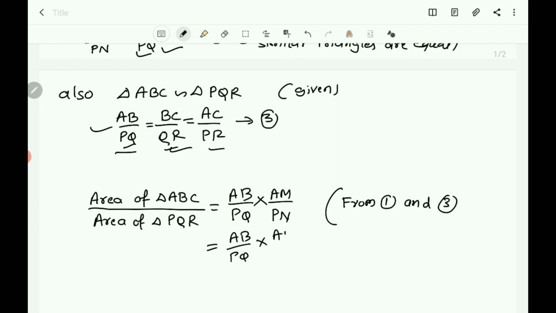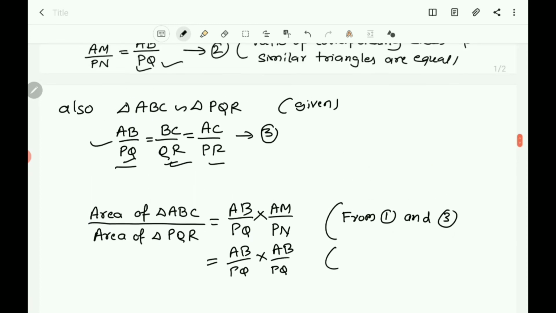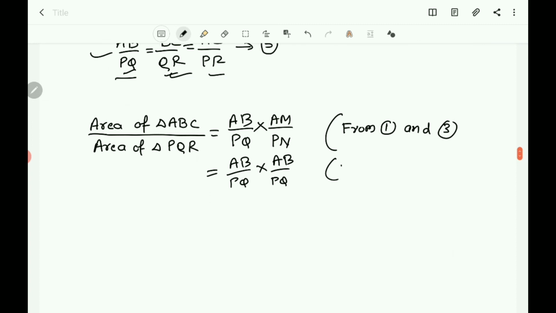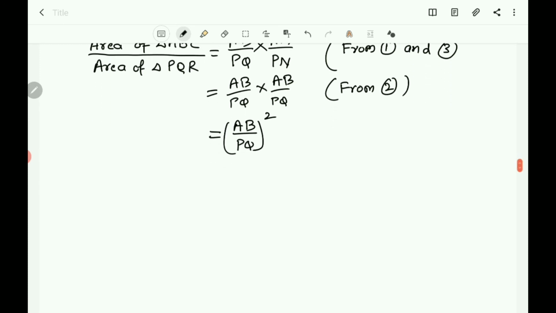So it becomes AB by PQ into AB by PQ, which is AB by PQ the whole square.